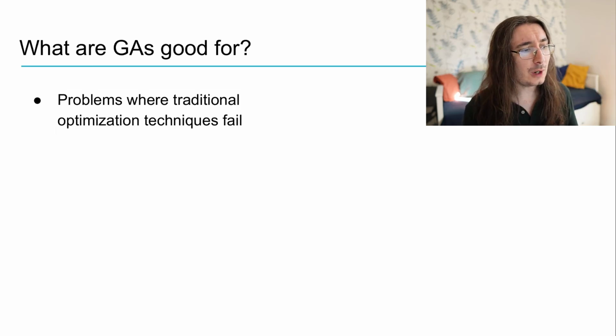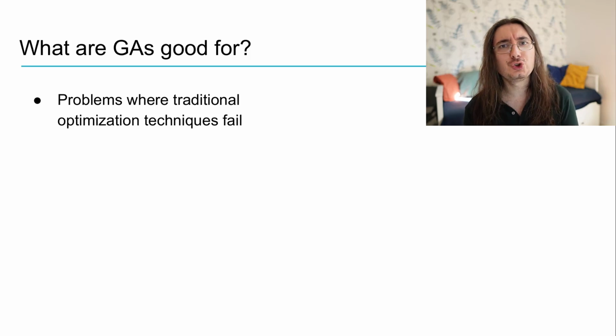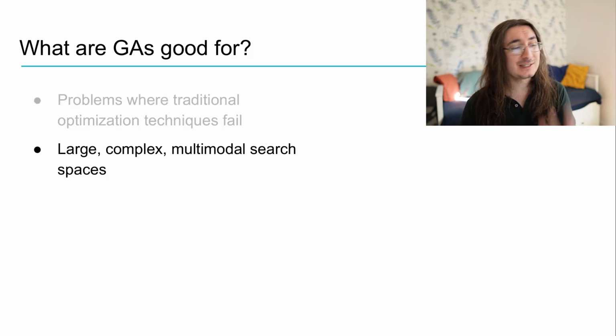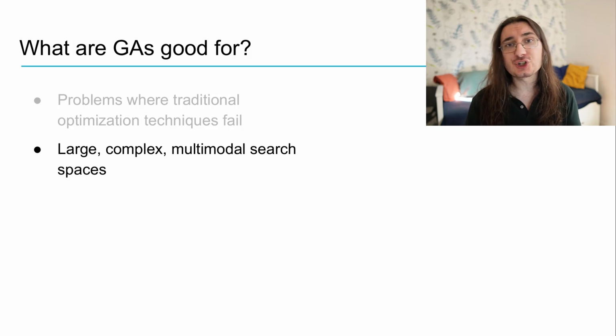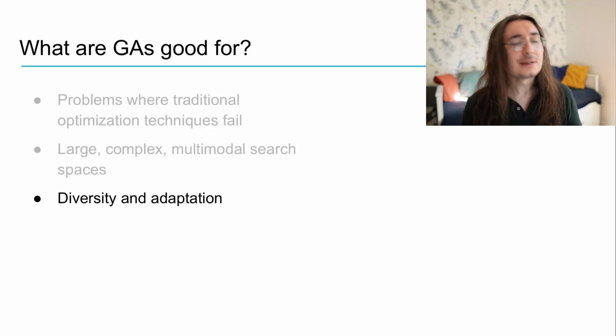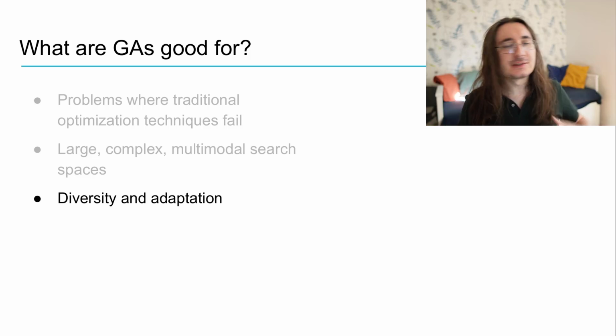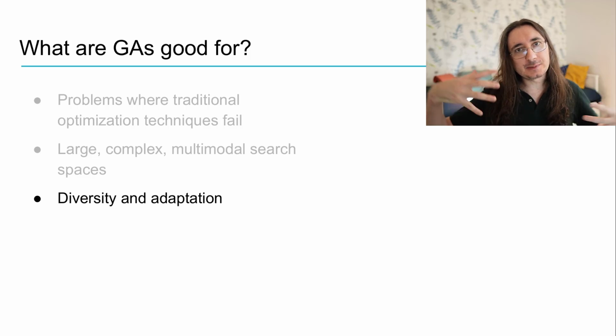Now, important question. What are genetic algorithms good for? Well, they tend to do quite well for all of those problems where traditional optimization techniques tend to fail. In particular, we're talking about search spaces that are large, complex, and potentially multimodal. They tend to do quite well with these problems because they have this balance between diversity and adaptation.